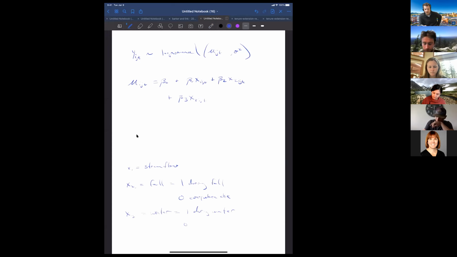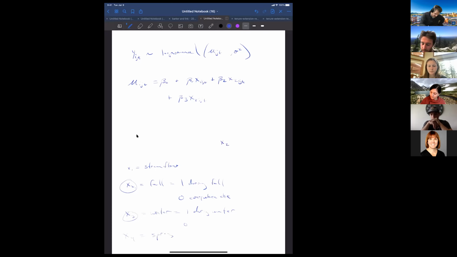We're going to have 3 values of X's: X2, X3, and X4. X4 will be spring. And then that gives us several combinations for our x's.